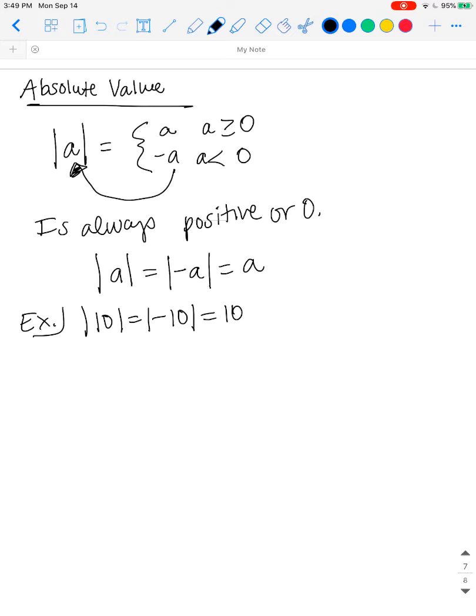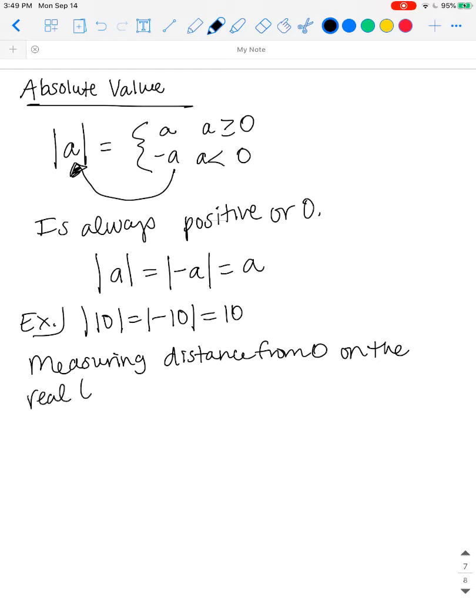So generally what absolute value is doing is measuring the distance from 0 on the real line. So for example, for 10 and -10, here's 0, -10 is over here, 10 is over here. So really, this is 10 units here, and this is also 10 units here. So that's why their absolute values are equal.